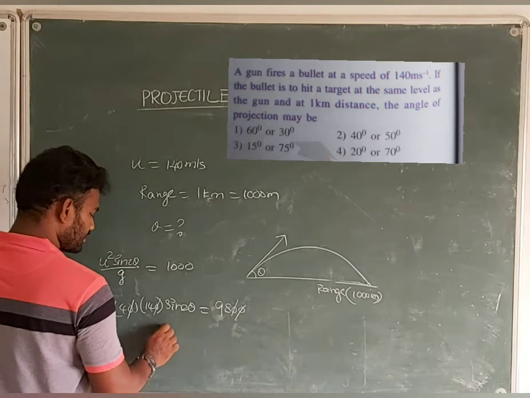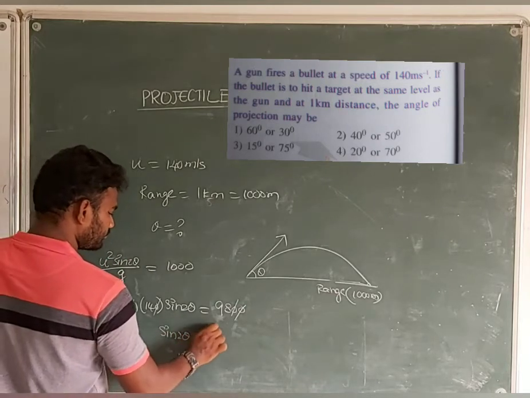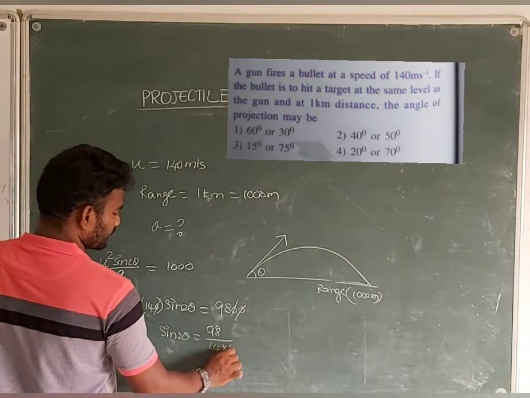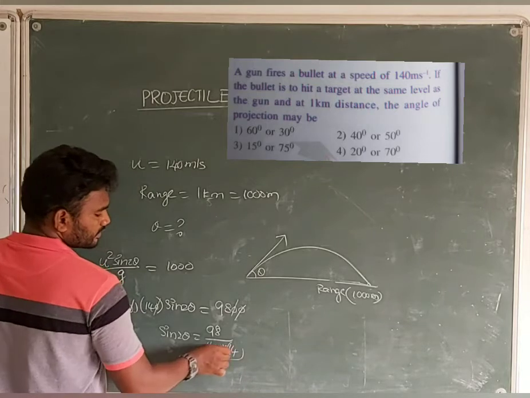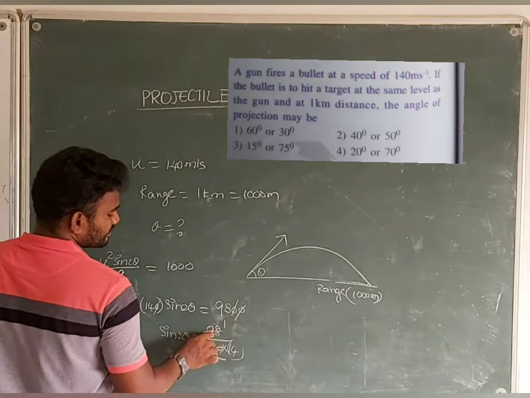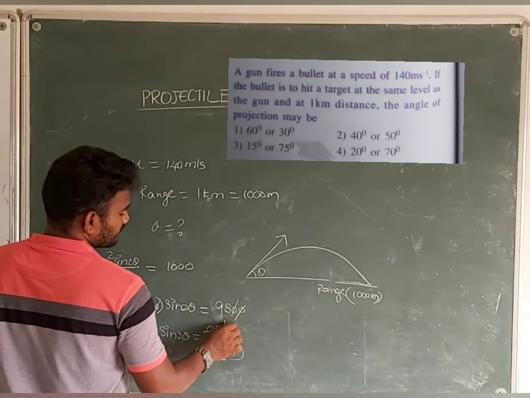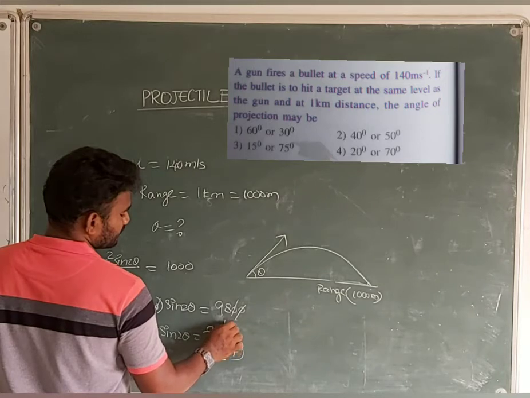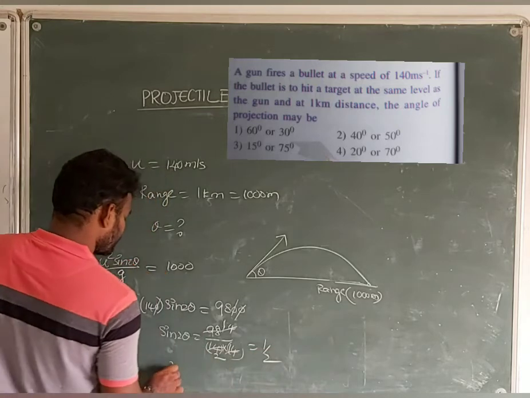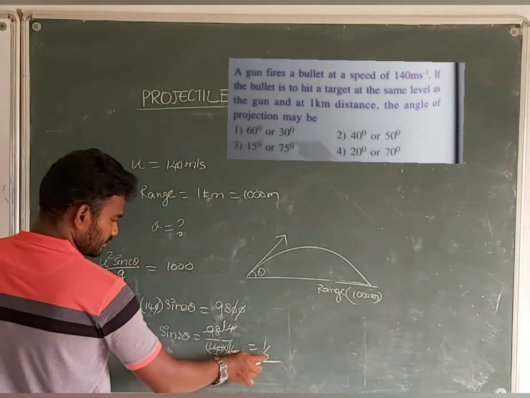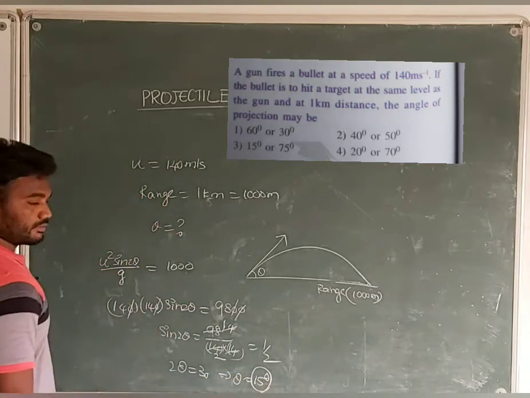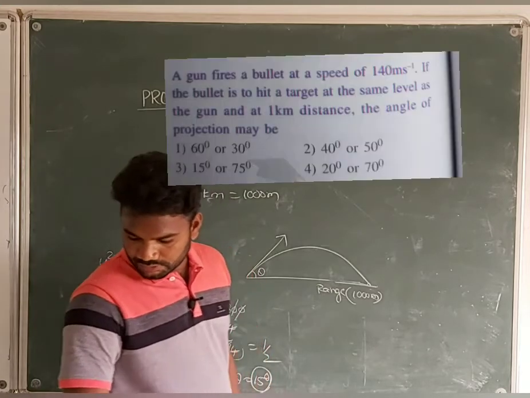So now sine 2 theta is equal to 98 divided by 14 into 14. 7 2s are 14, 7 1s are 7, 14 cancel. So 1 by 2. So sine 2 theta is 1 by 2, 2 theta is equal to 30 degree. Then theta is equal to 15 degree. This is how we have to do it, 15 degree.